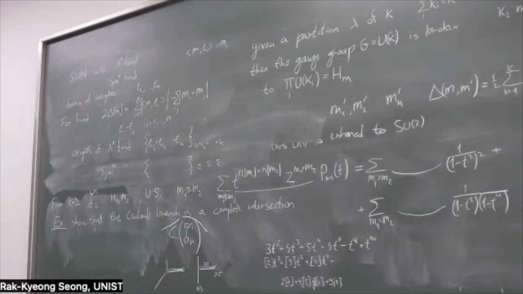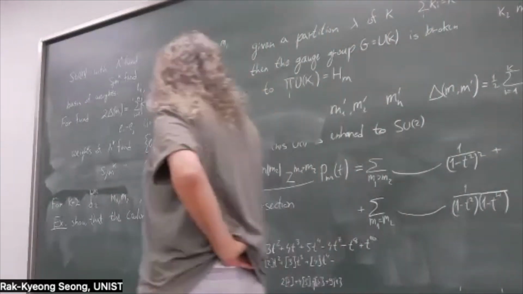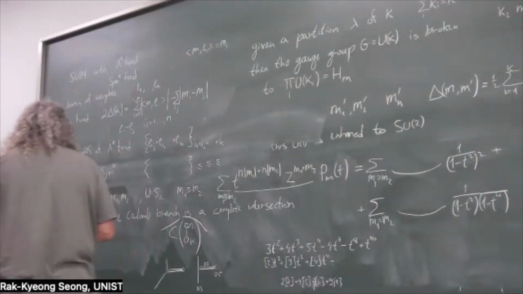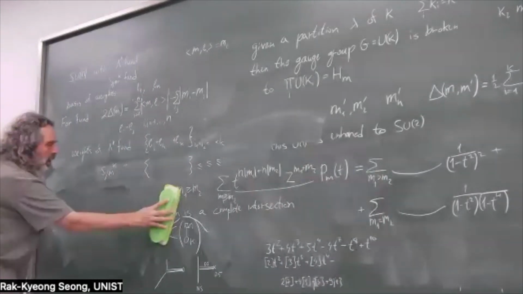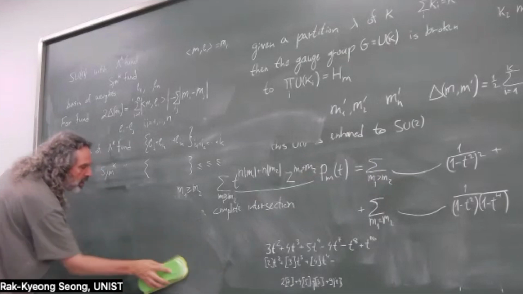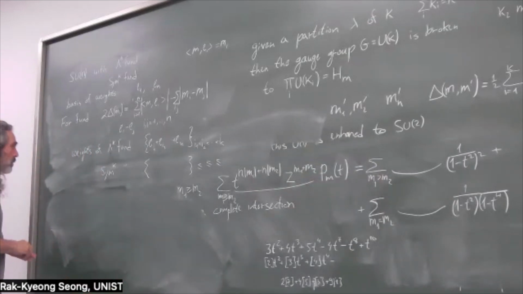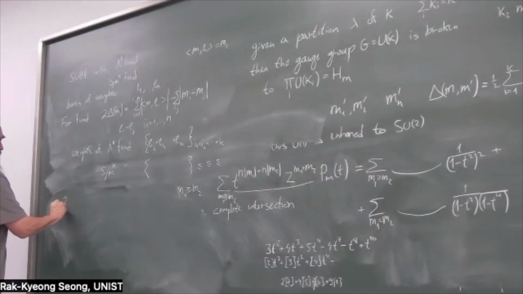Right, so those are the set of all possible weights, and as a result, the contribution will be correspondingly 2 delta of m.